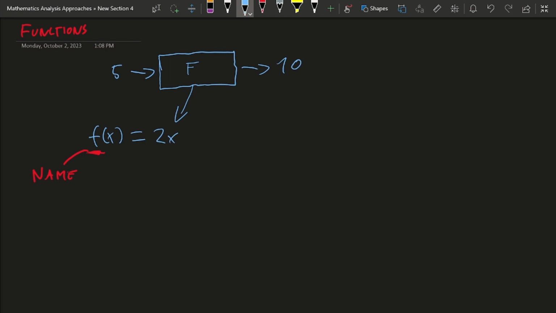This can be any letter, in fact. This can be g or h or l or t and so on. x is the function's variable.